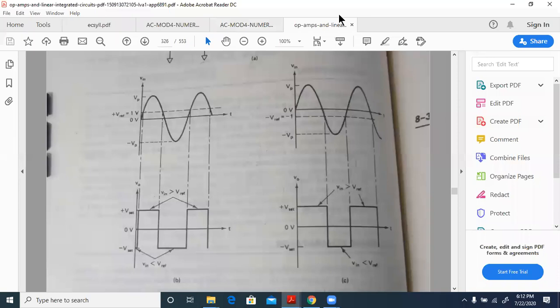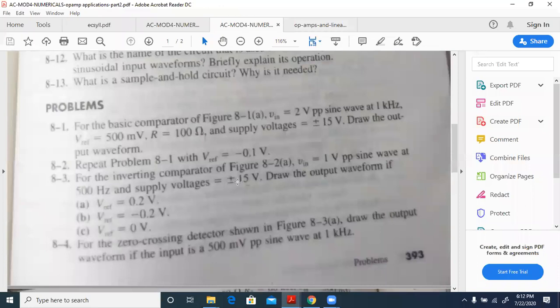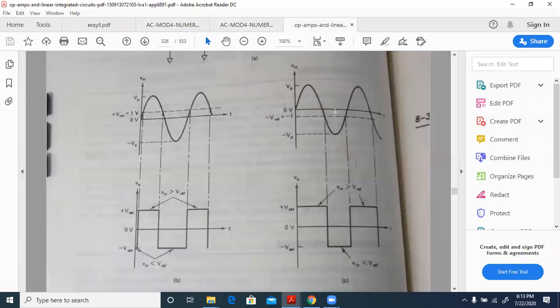Then we go for the next topic. So output waveform we need to draw. Then repeat problem 8.1 for V reference equal to -0.1 volt. So -0.1 volt is similar to this case. So here it is -1 volt reference voltage. So positive portion will be longer, negative portion will be smaller. Now we have peak to peak equal to 2 volts, that is 1 volt here and -1.